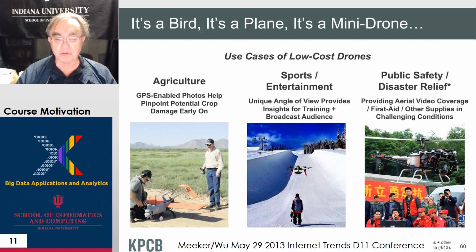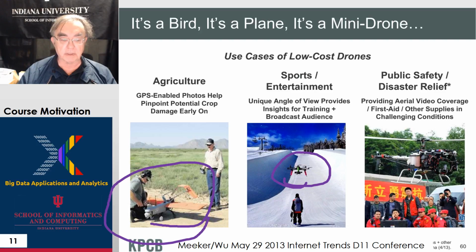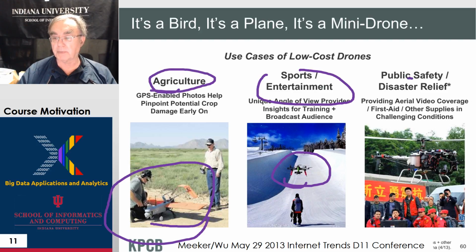Here we have, of course, drones as another example. Here's a nice drone, a hexacopter, or I don't know how many rotors there are there. And here we have a more traditional drone, an aircraft drone, and they're used for agriculture, sports and entertainment, and also for search after disasters and giving immediate first aid response and things like that.